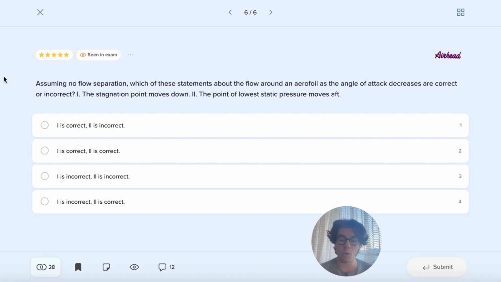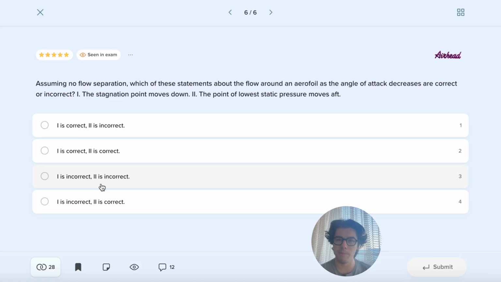And the point of lowest static pressure moves aft. Yes, remember that the lowest static pressure is where the speed is the highest. So there is a very easy mnemonic that I used to use when remembering these points, and I used to think about Daft Punk.